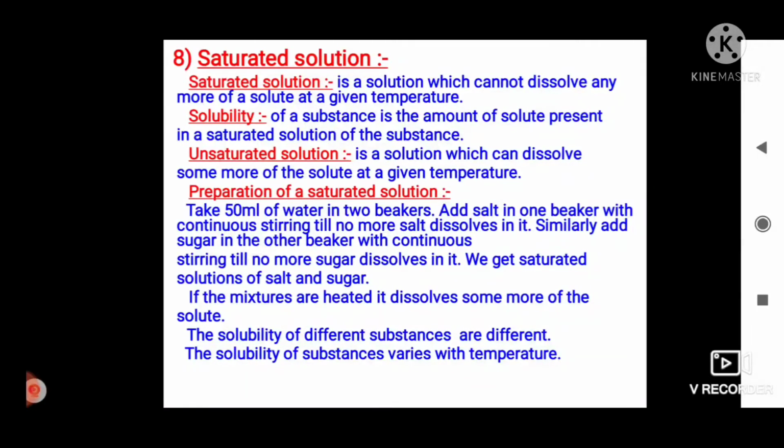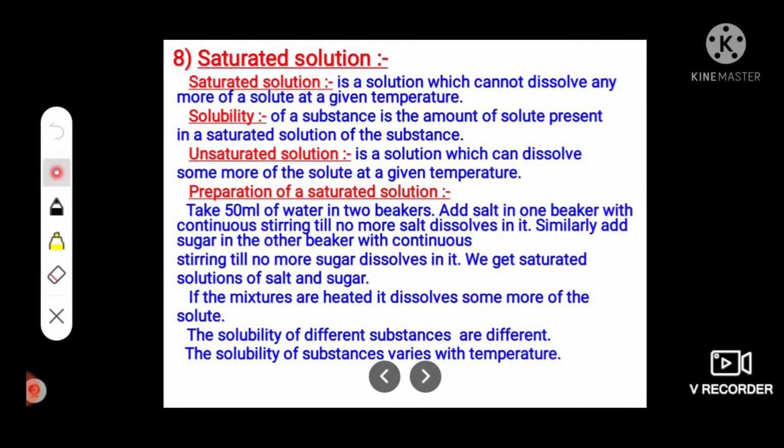Based on the solubility of a substance, solutions are classified as saturated solution, unsaturated solution and supersaturated solution. A saturated solution is a solution which cannot dissolve any more solute at a given temperature. And what is meant by solubility?